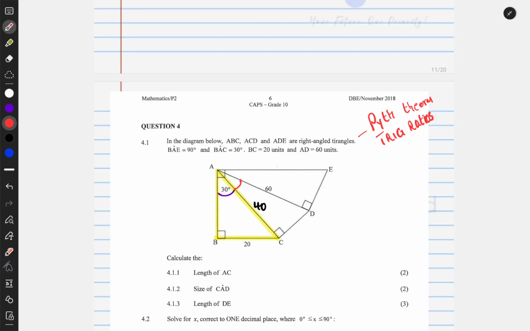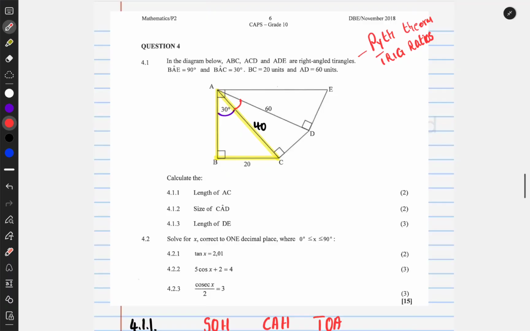We have two sides, 40 and 60. Side 40, which is AC, is adjacent, next to that angle, and side AD, that's 60, is the hypotenuse. So we can use the cosine trigonometric ratio to find the angle CAD, since we are dealing with the adjacent and the hypotenuse side.